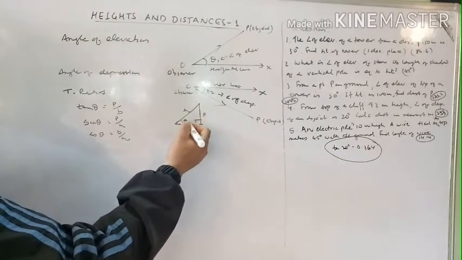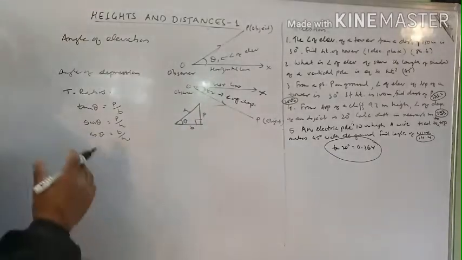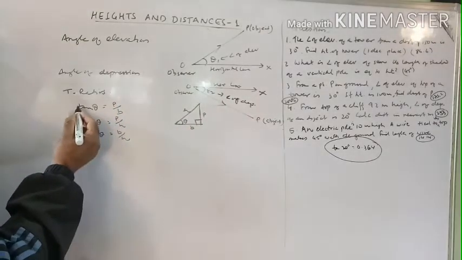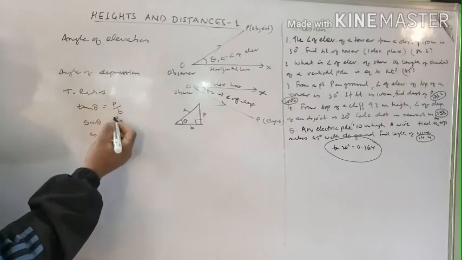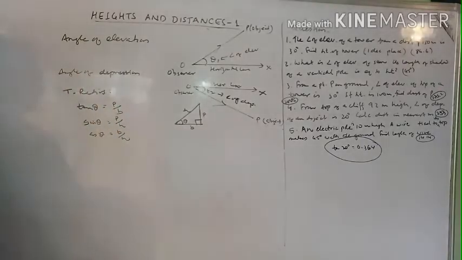If you know one side and theta, you can find any other side. So if you know two things out of three, when you take a ratio like tan theta equal to P by B, there are three things involved: theta, P and B. If you know any two, you can find the third one using the trigonometric ratio.